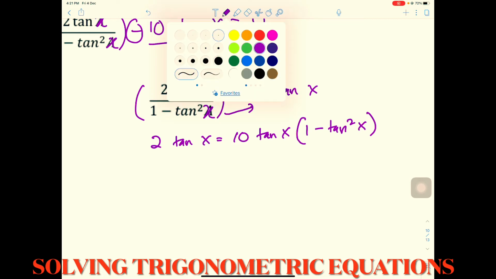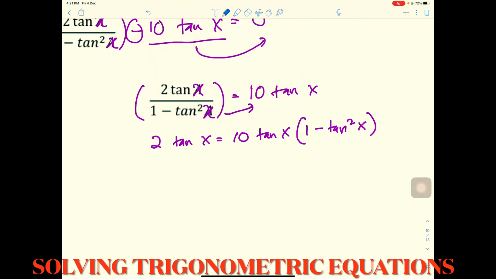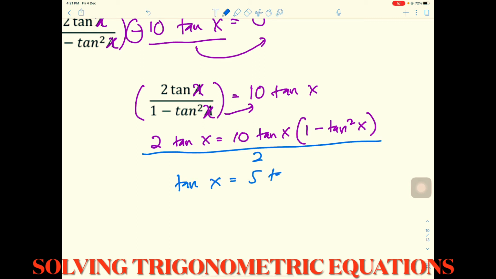Before we simplify, divide the equation by 2, then expand, so it becomes tan x minus tan cubed x.